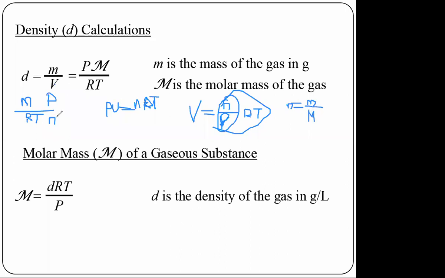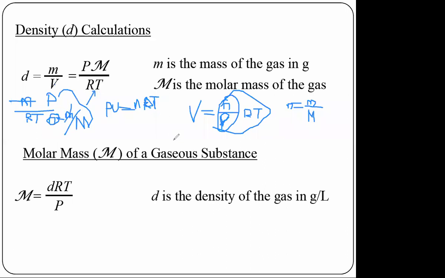Now, if you substitute that here, you will have this expression as equal to mass over molar mass. So this will cancel out that, and this will go up here, and you will have this expression.